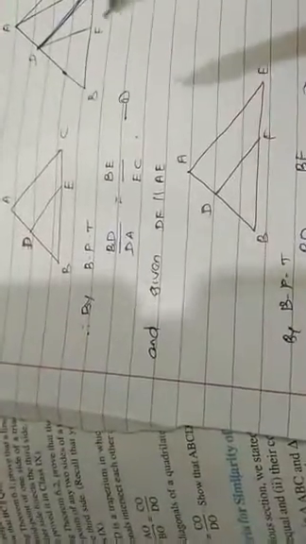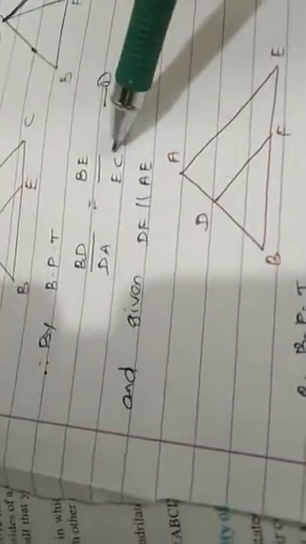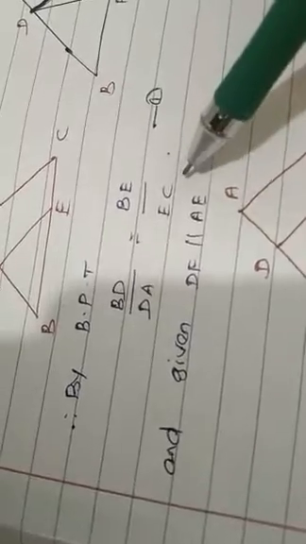Where we want to add plus 1: instead of BE divided by EC, they have given BC. BC means we need to add plus 1 on the left side and right side. If BC is in the denominator, we need to take the reciprocal, then add plus 1. If BC is in the numerator, no need to add any plus 1.